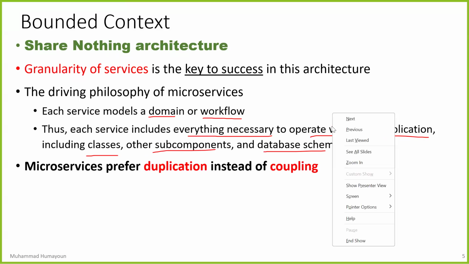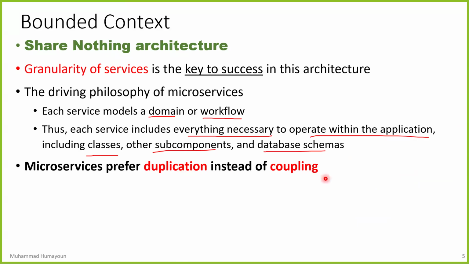Again, as we said, microservices prefer duplication instead of coupling. It's all right to create a similar subcomponent in each one of those microservices. Duplication is no problem in microservices. What is important is that we do not share things, because when we share, then we have coupling, and coupling is the problem.